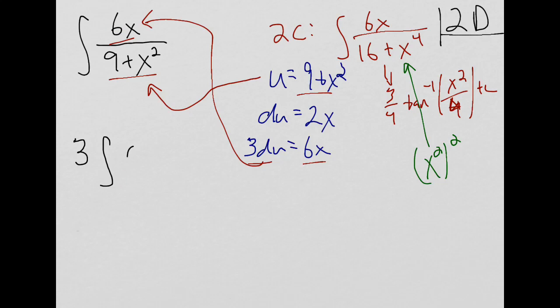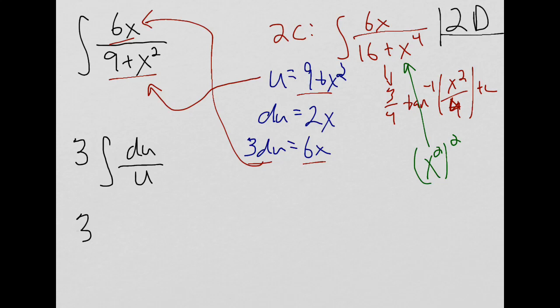Integral of du. So 3 du, and I can move my 3 in and out of the integral like that, that's no problem, over, well, the 9 plus x squared just gets replaced with the u. So over u. And that's clearly ln.